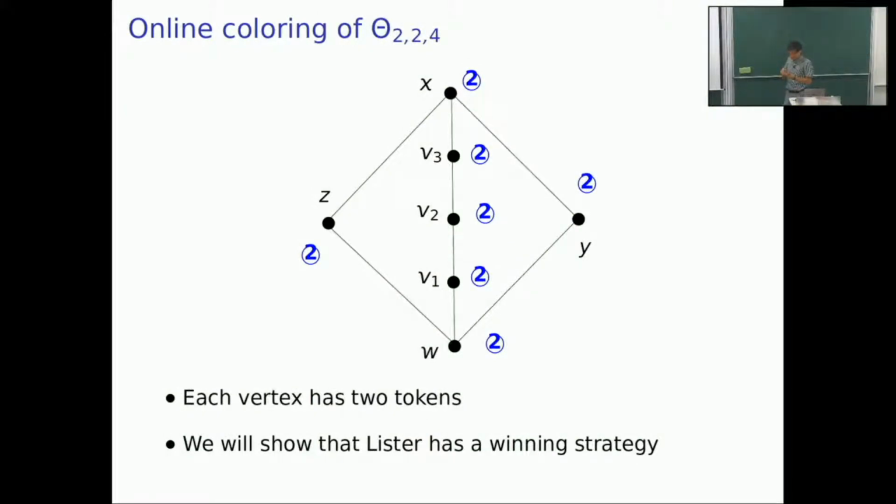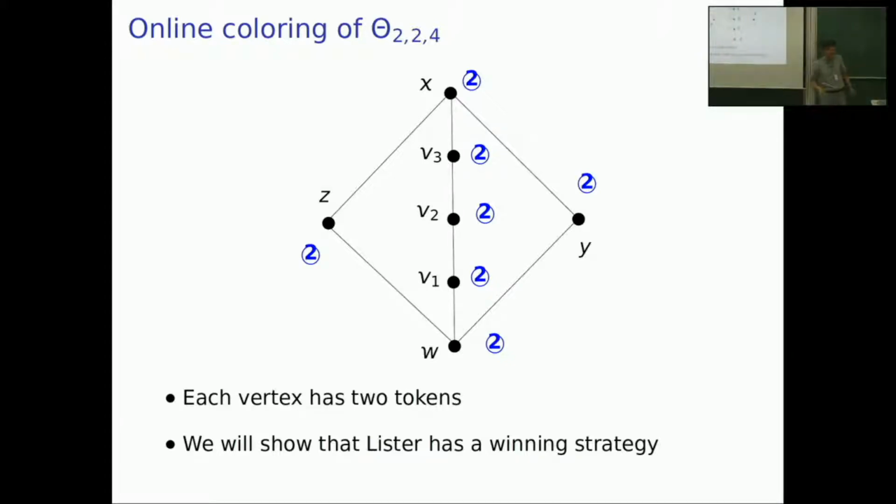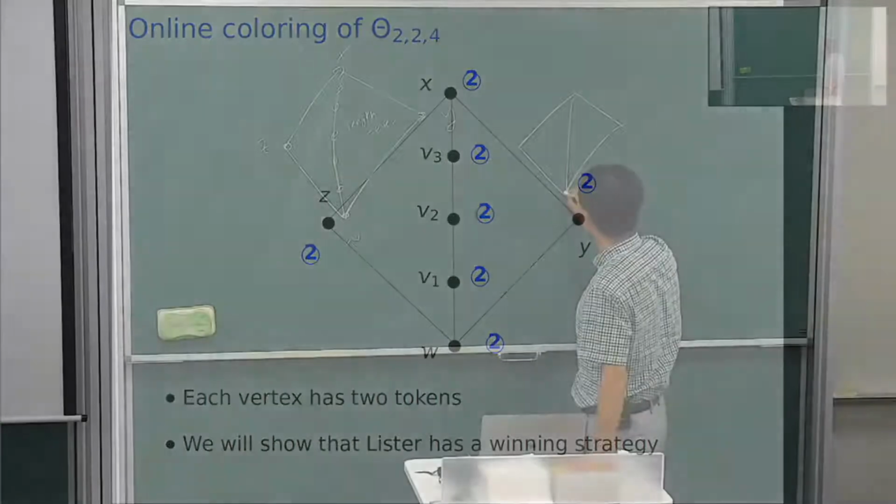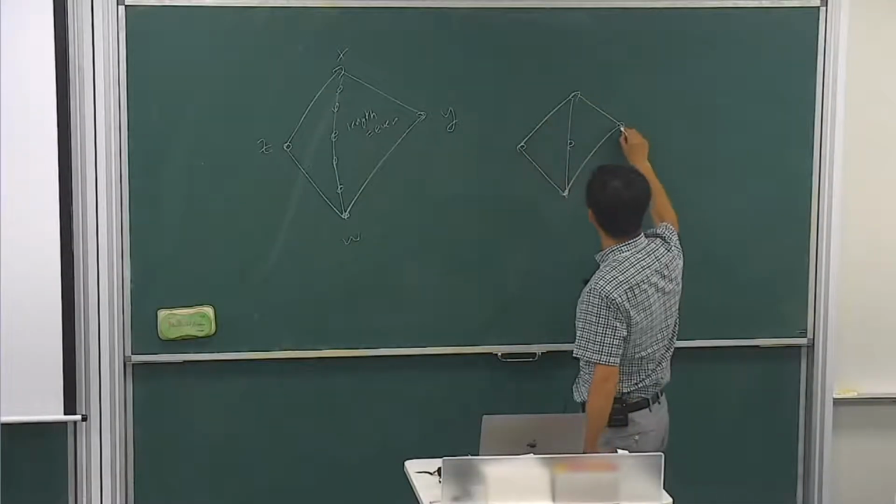Before this talk, I tried to check this, but it's not very quick. I mean, it takes some time. Why this is 2-choosable, I think you can generalize this situation.